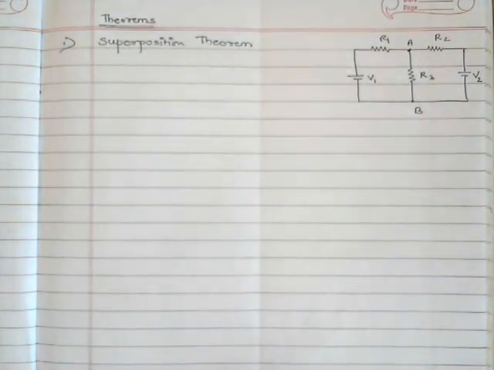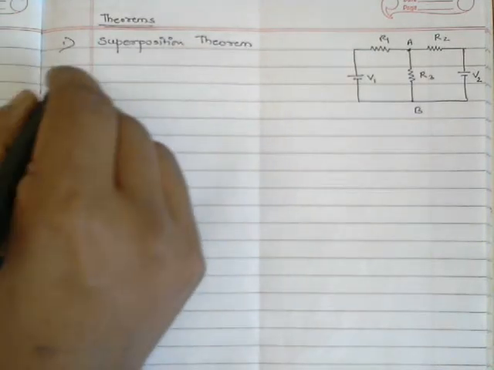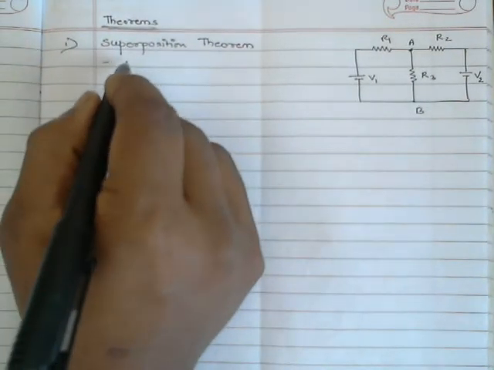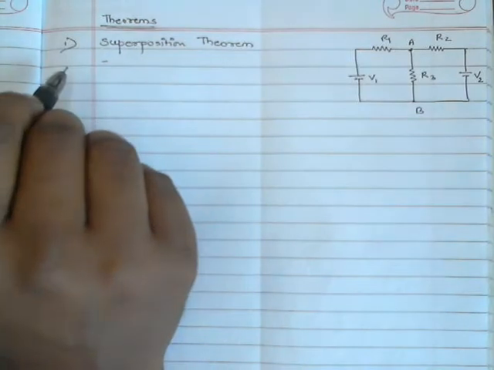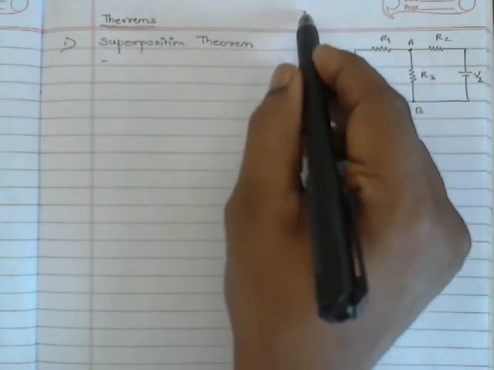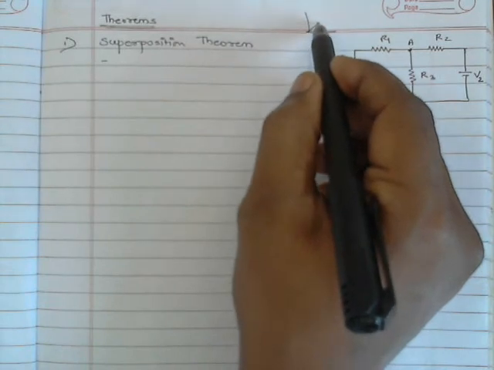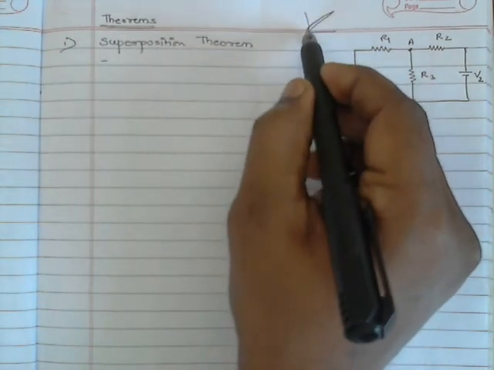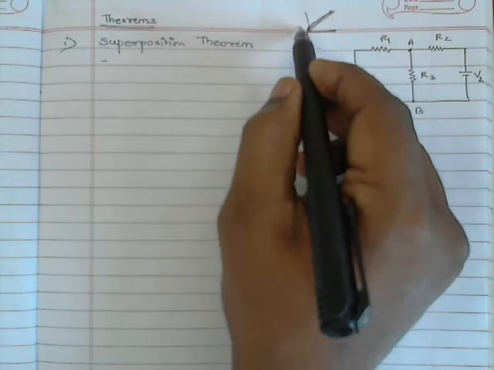Okay. Now, what does the superposition theorem state? The theorem states that in any linear network, meaning a network in which the voltage and current graph is linear, as voltage goes on increasing, current goes on increasing.